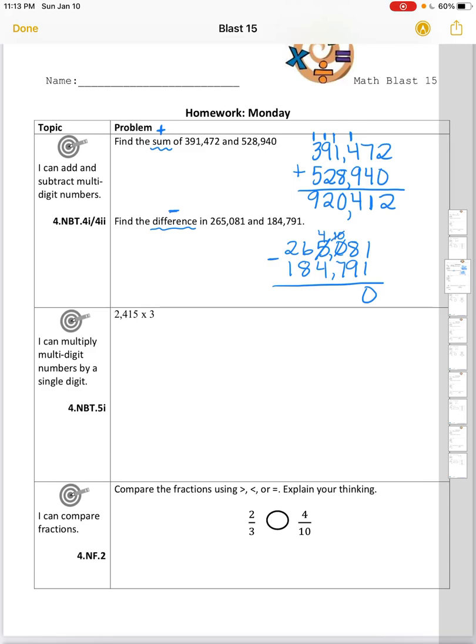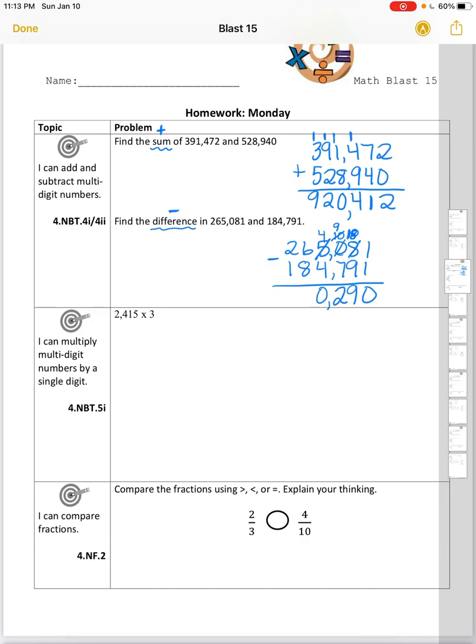I'll take one of these hundreds, leaving me 9 here, and I'll let 10 tens unbundle. But there was already 8 there, so that's why this is 18. So 18 minus 9 in the tens here is 9 tens. We have 9 hundreds minus 7 hundreds, which is 2 hundreds. 4 thousands minus 4 thousands leaves us with no thousands.